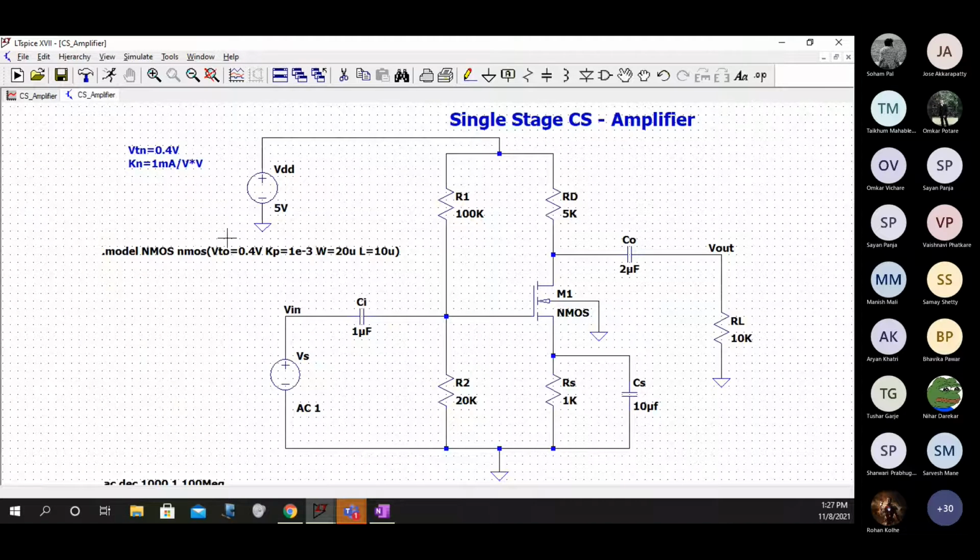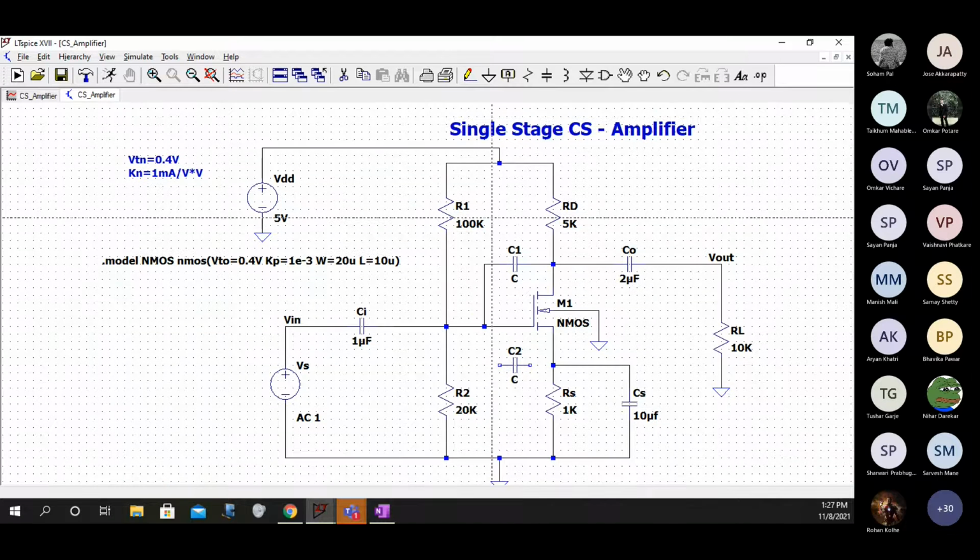The reason for that is that we have not accounted for two capacitances, the inter-electrode capacitances. Now in theory we have seen that in practice, because of some overlap between the gate and the drain and gate and the source, there is going to be a small capacitance on both the sides.